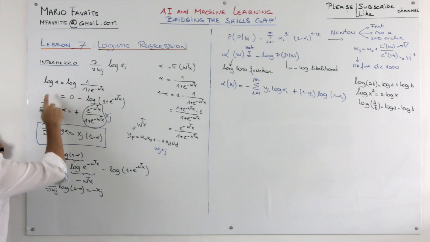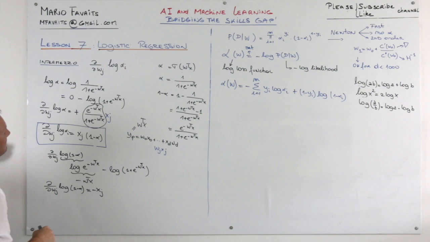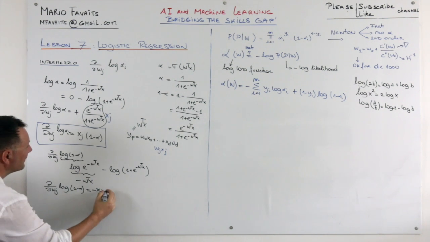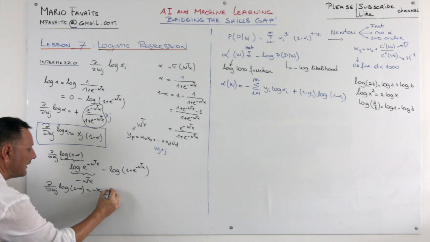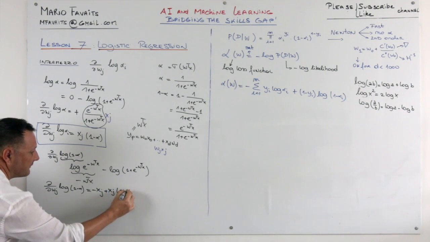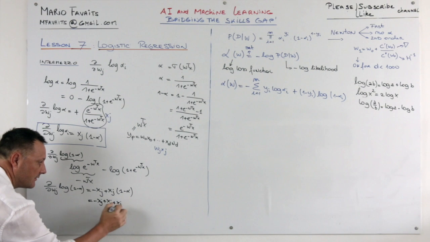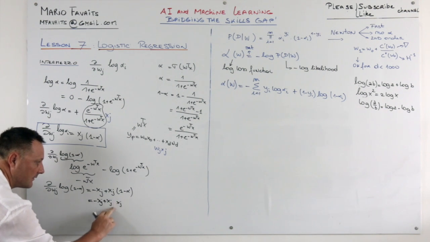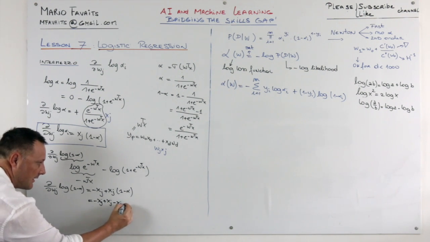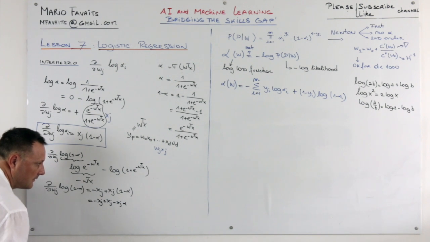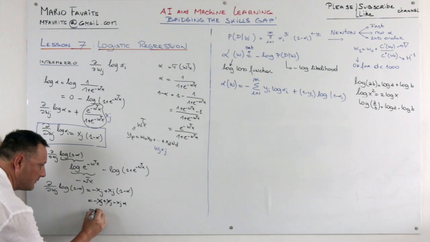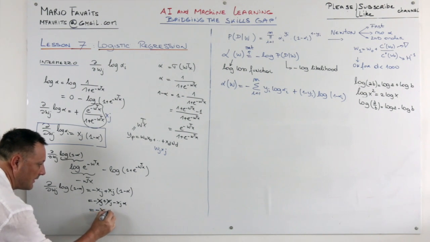So that's basically the log of alpha, and the log of alpha is this one, plus xj times 1 minus alpha. And that is equal to minus xj plus xj, sorry, it's gonna be minus xj alpha. Okay, so these two disappear, and this is equal to minus xj alpha.